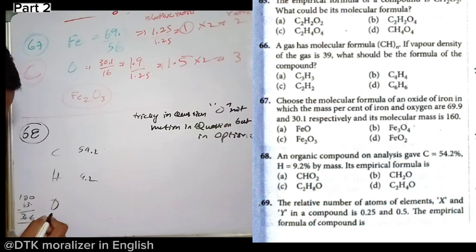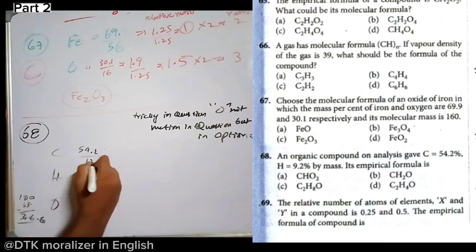By subtracting the remaining percentages from 100, we can obtain the oxygen percentage.